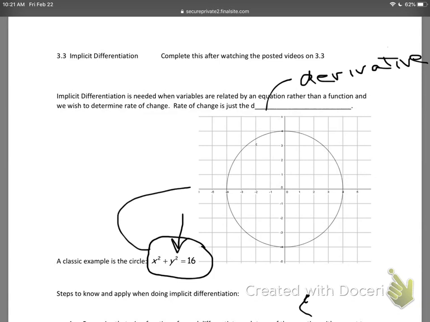So this is this circle. So I can find the slope of a line drawn to this surface, just like I do functions. Okay, this is not a function, right? This is just a relation. Okay, let's go to the next slide and we'll start this work.